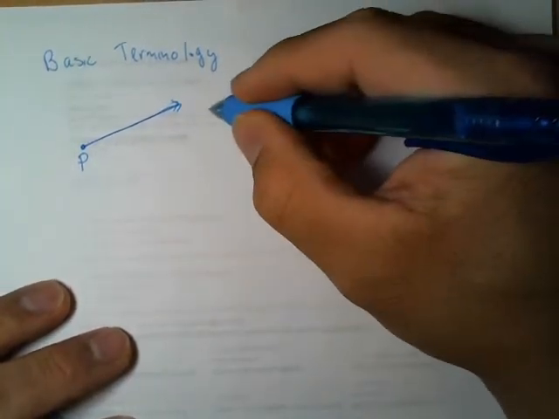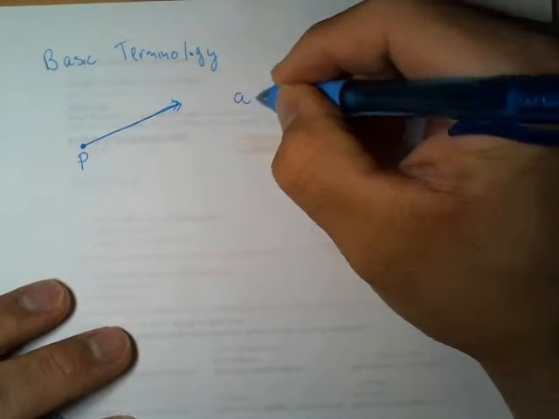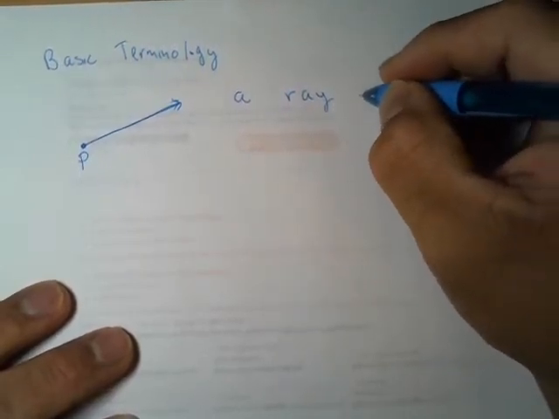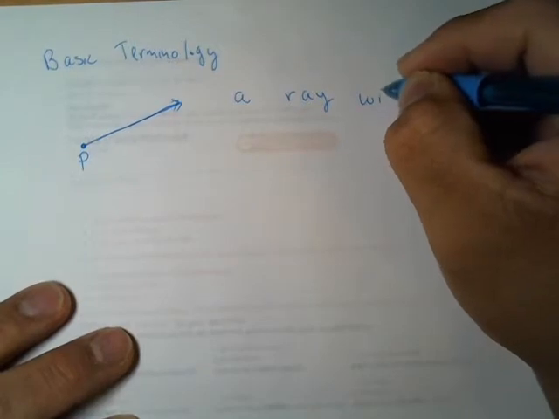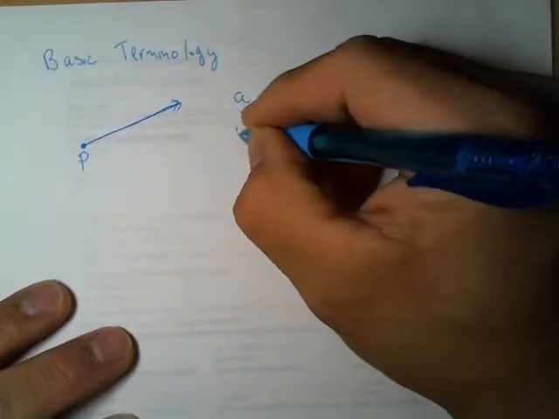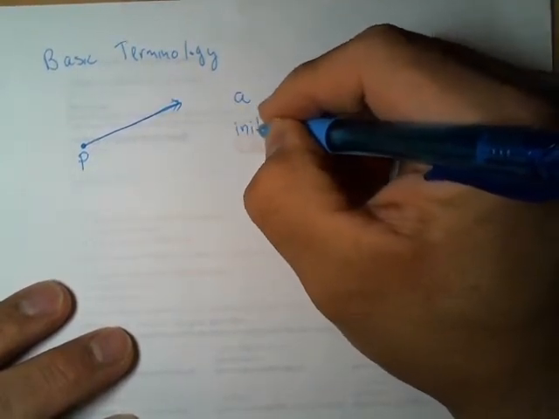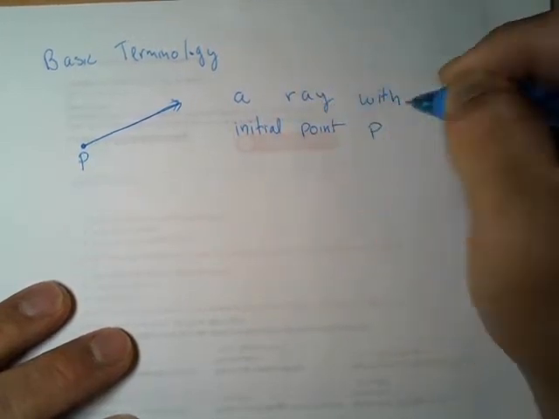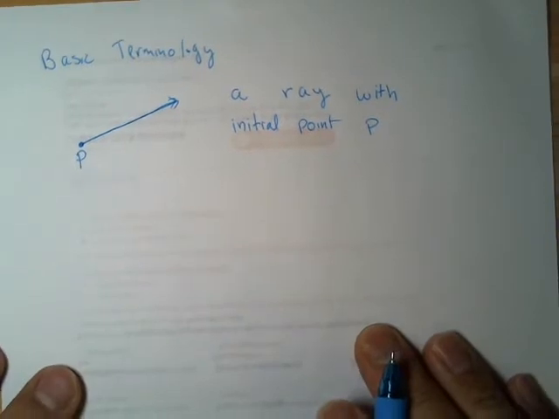So this object here we can call a ray with initial point P.